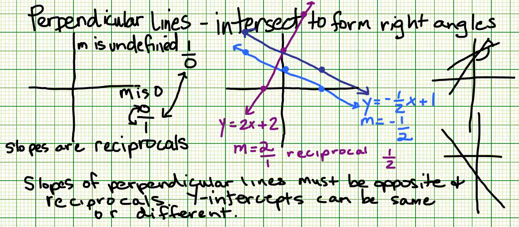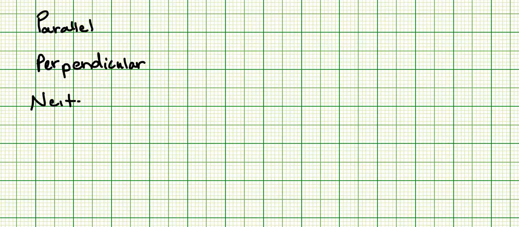All right, so we want to make a table that kind of summarizes what we talked about with parallel and perpendicular lines. So we've got parallel, perpendicular, neither. And we want to compare their slopes and their y-intercepts.